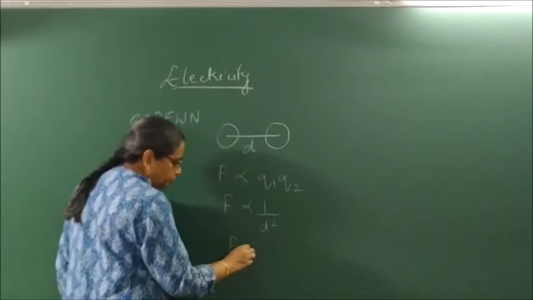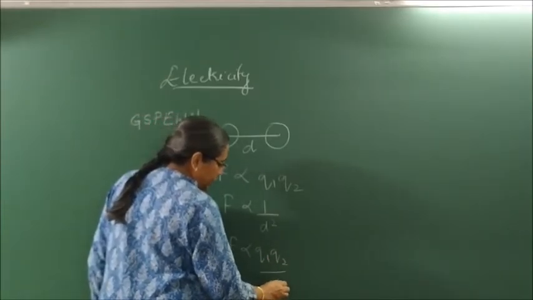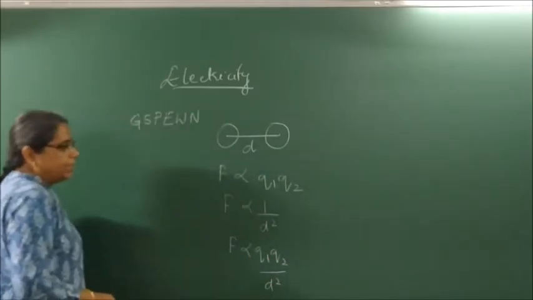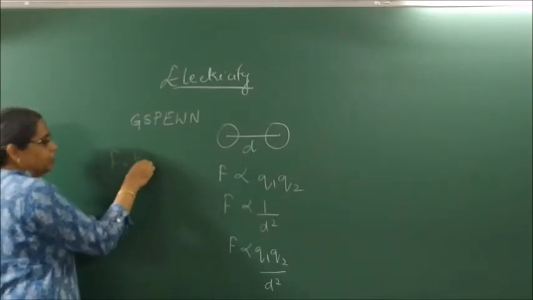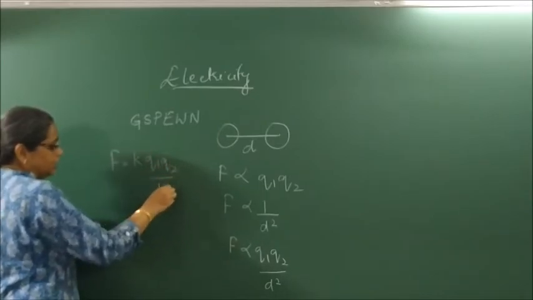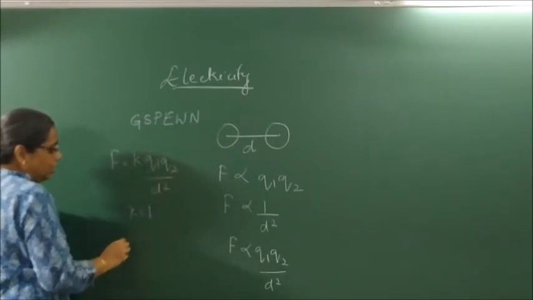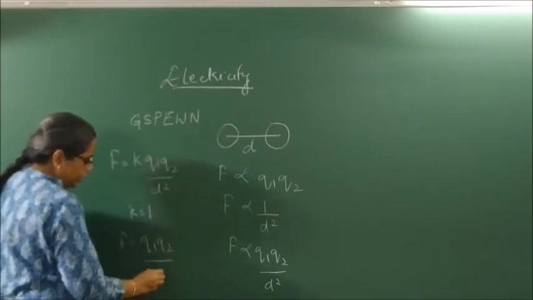So, you write F is proportional to Q1 Q2 by d square. Removing the proportionality sign and multiplying with a constant, you get F is equal to K Q1 Q2 by d square. If K is equal to 1, F is equal to what? Q1 Q2 by d square.